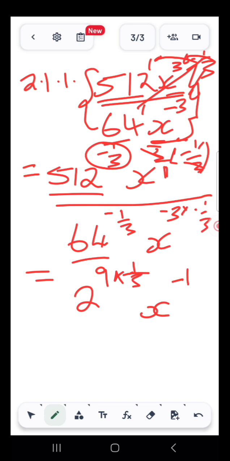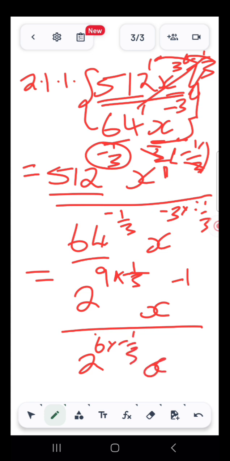And then 64 now gives us 2 to the exponent of 6 times our exponent negative 1 over 3, and these also cancel, and then you just have x to the exponent of 1, or x.